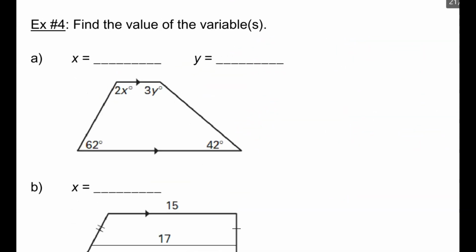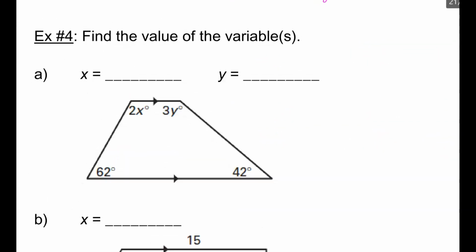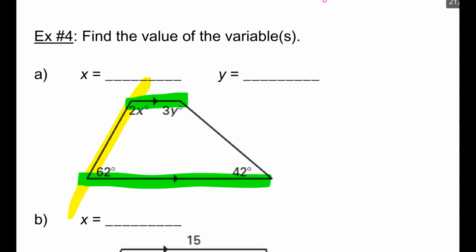All right, let's put it all together now, everything that we learned. We want to find the value of the variable. So the first one, we have our two bases. They're parallel to each other. So something that we know is when I have this transversal that goes across, if I add these two angles, 2x plus 62, they should be supplementary. They should add up to 180.